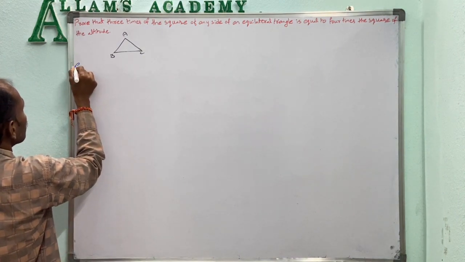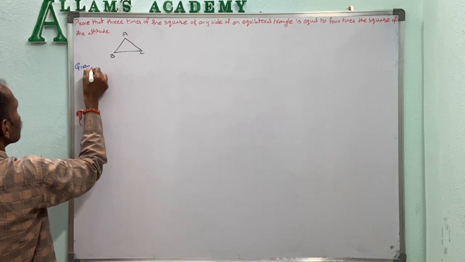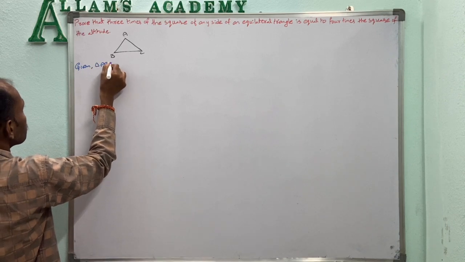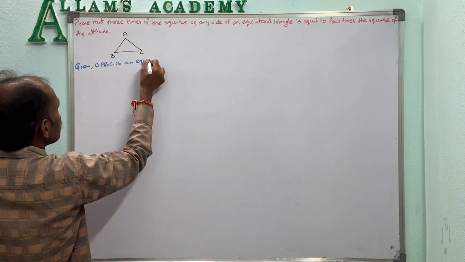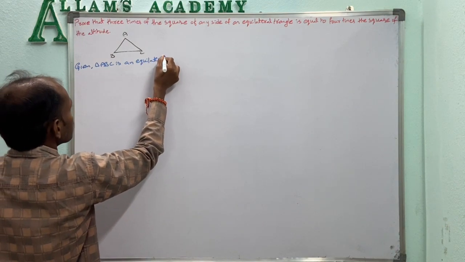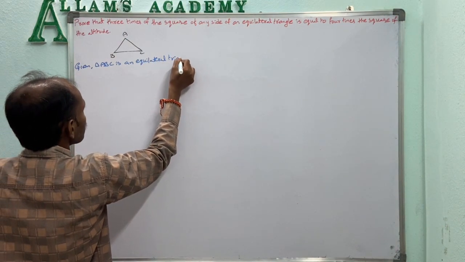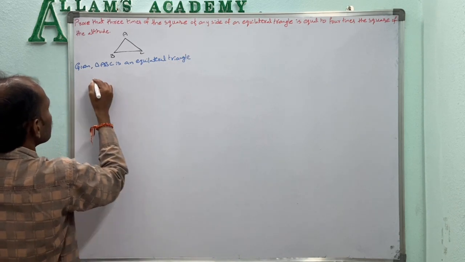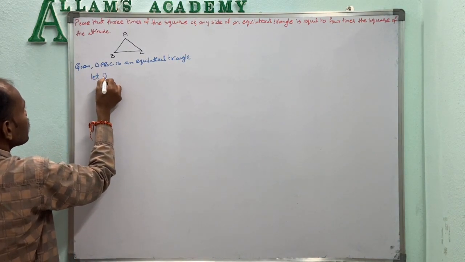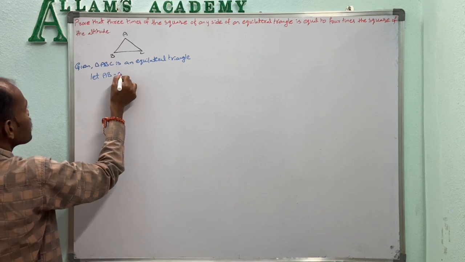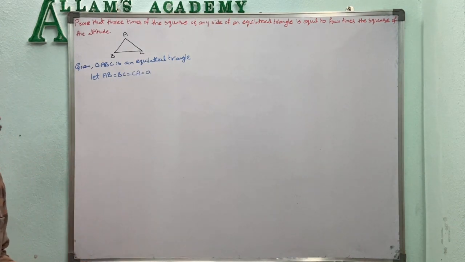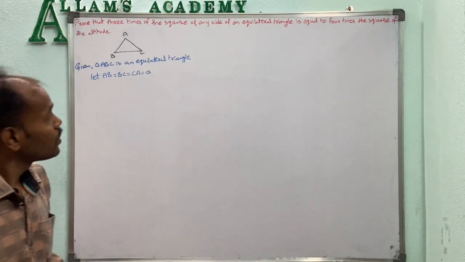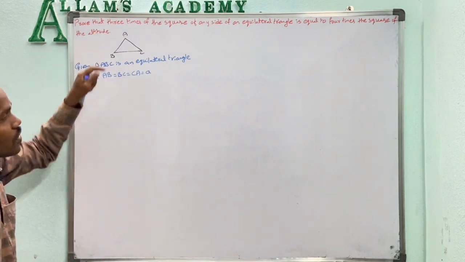Given triangle ABC is an equilateral triangle. Let AB, BC, CA, all sides have length equal to A. Okay, now the altitude is asked.